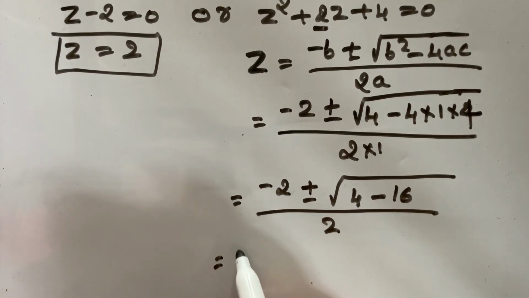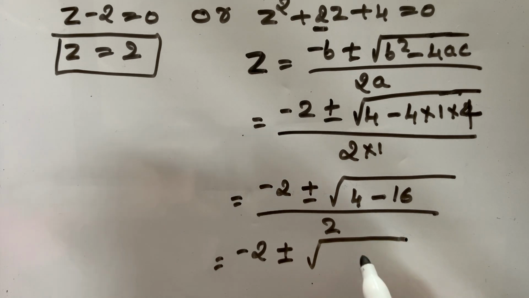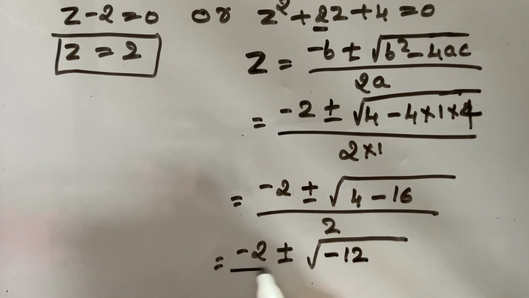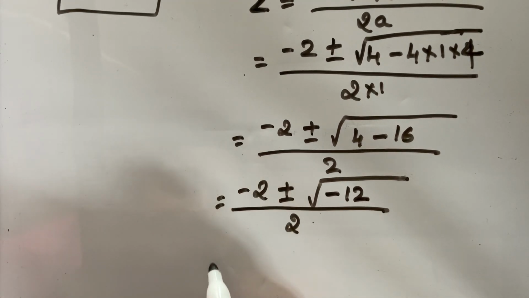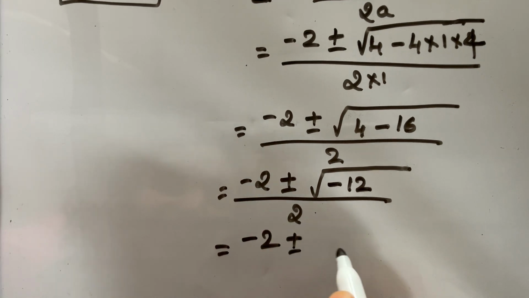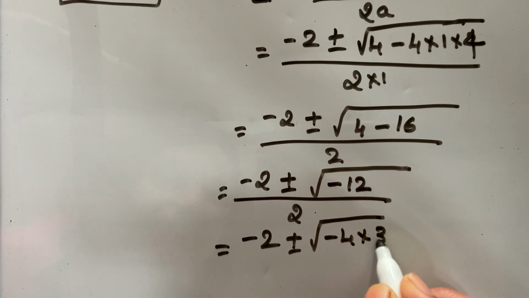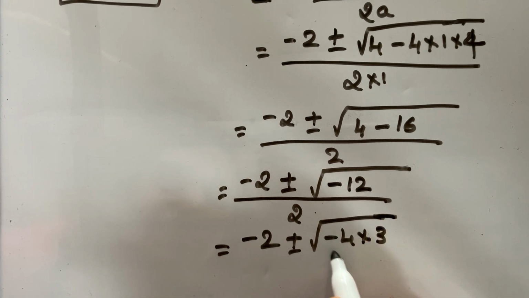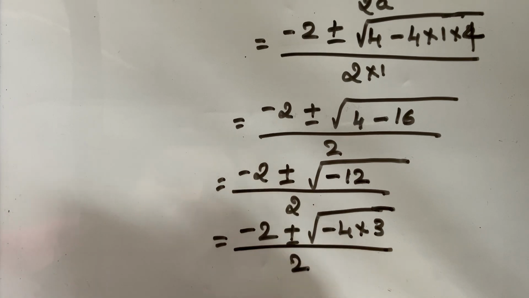Again, minus 2 plus or minus square root of 4 minus 16, which is minus 12 or negative 12, divided by 2. I'm going to rewrite negative 12 as negative 4 times 3 because I need a whole square number here, divided by 2.